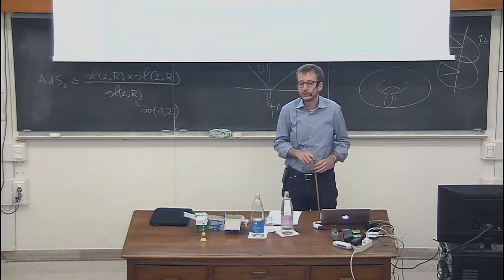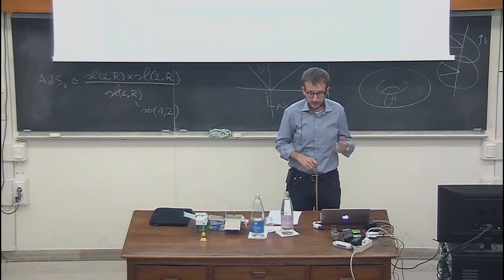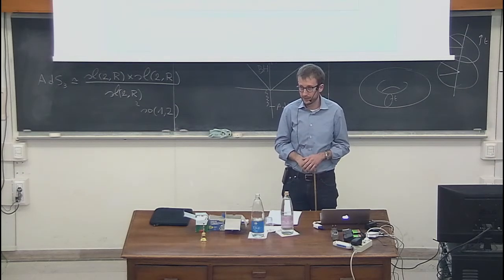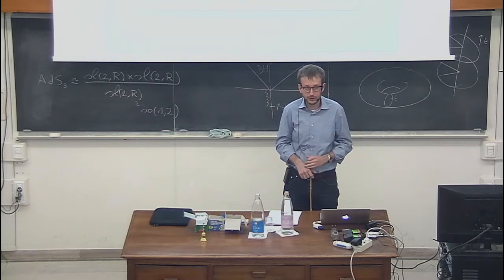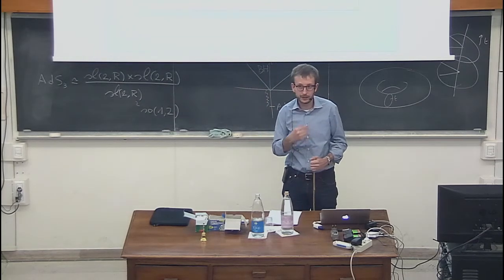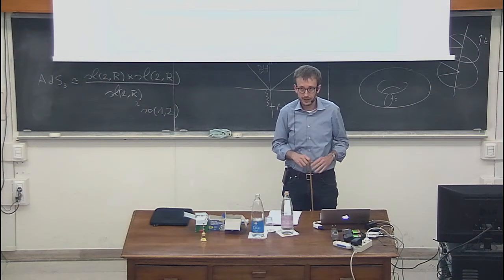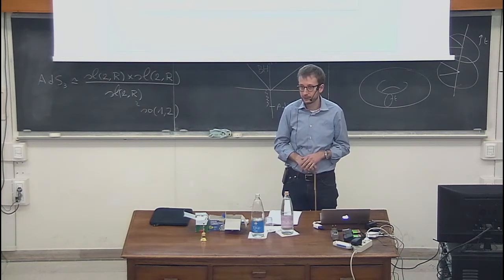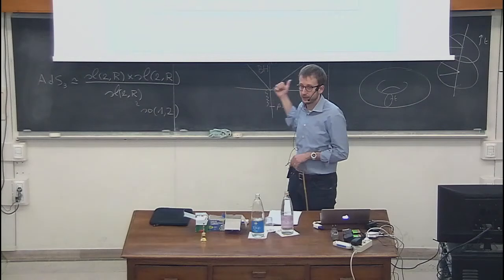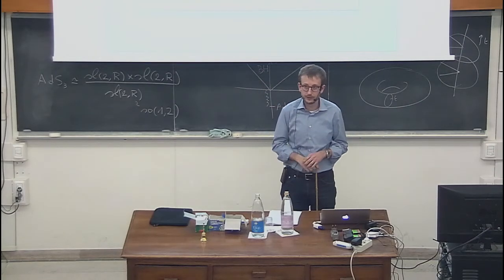The problem is that for the other solutions, I don't have at the moment any interpretation which makes sense. Maybe you produce other branches, the ones that are not connected to the BTZ or something like that, but at the moment it's not completely clear to me. This is why I prefer to keep this very conservative approach.